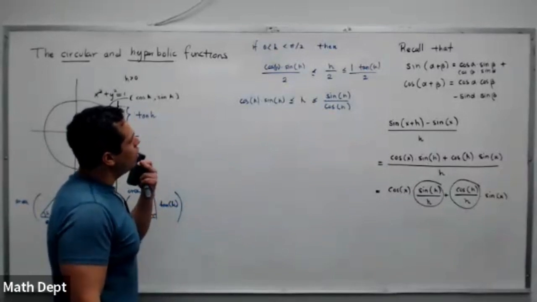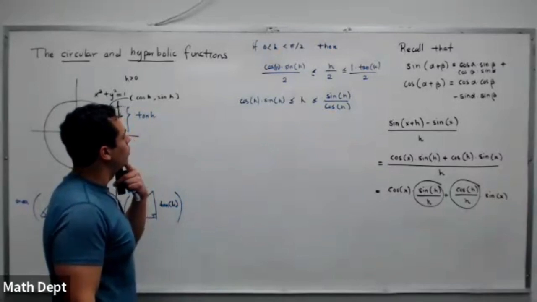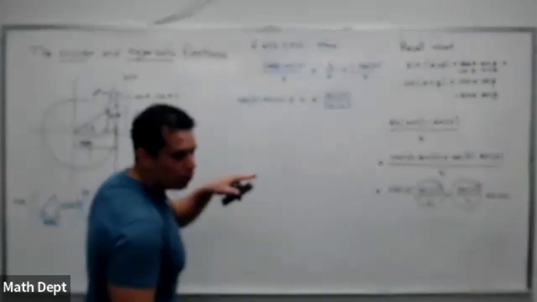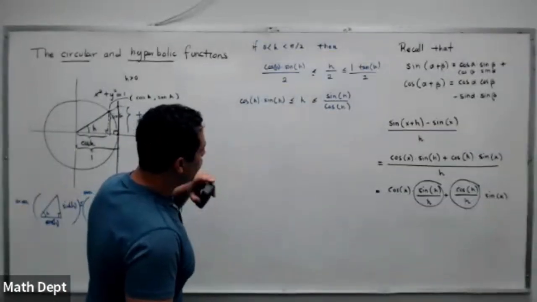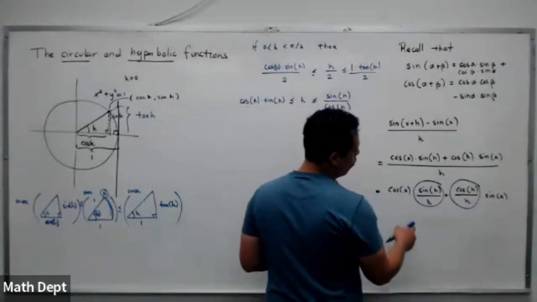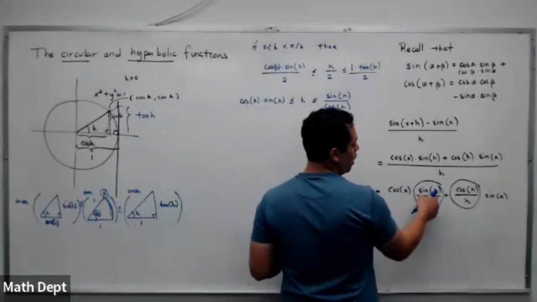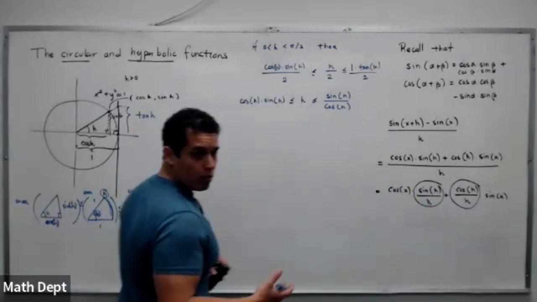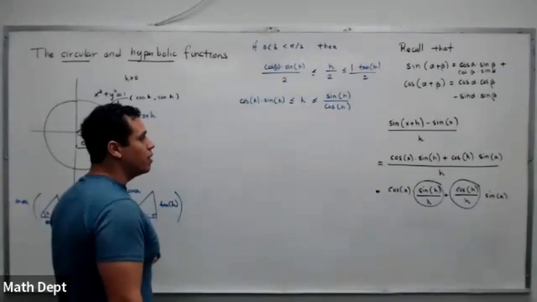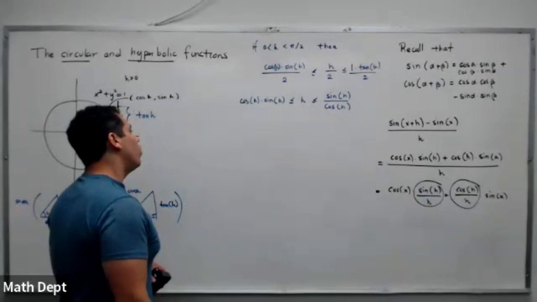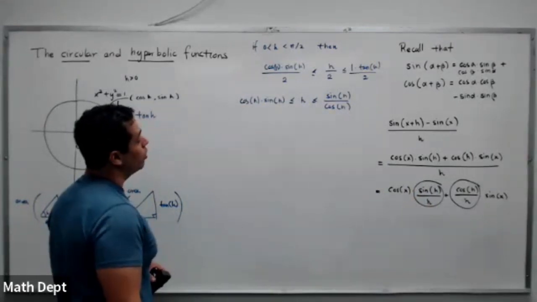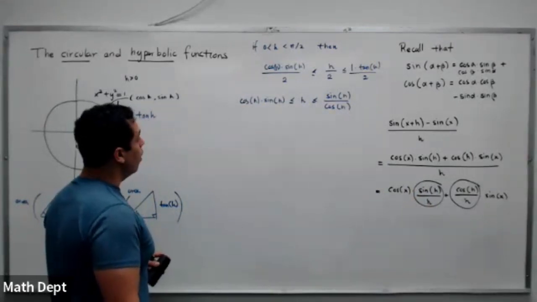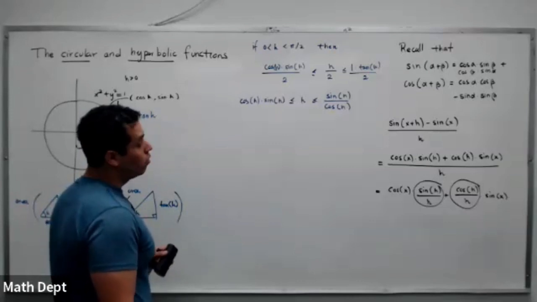But then just from here, I look at the following. There seems to be a lot involved, but remember what we want to obtain. We want a relation about sine of H over H. We want to investigate that fraction and see what happens as H tends to 0. Well, at this point, one thing I can do is start dividing.